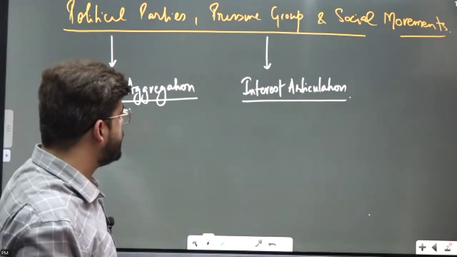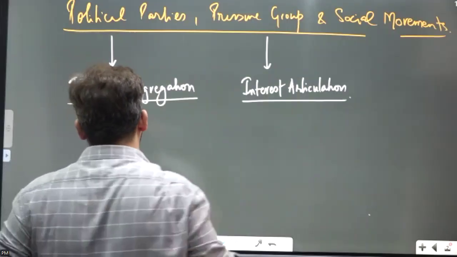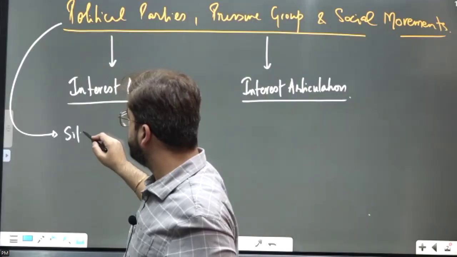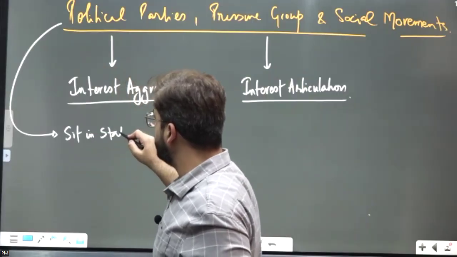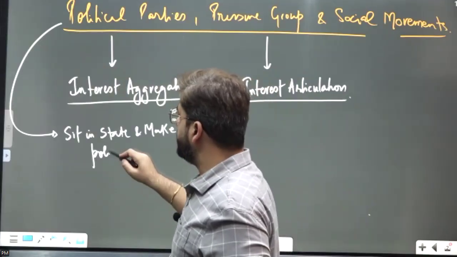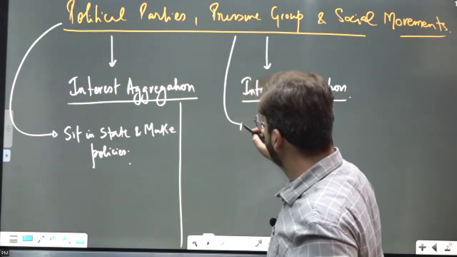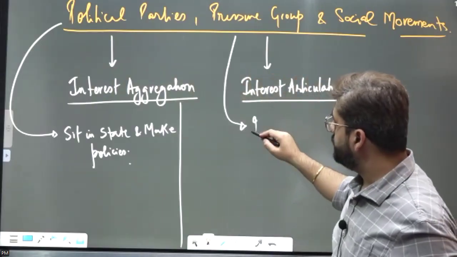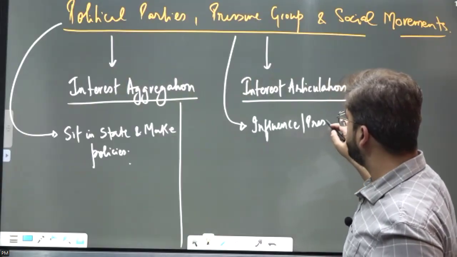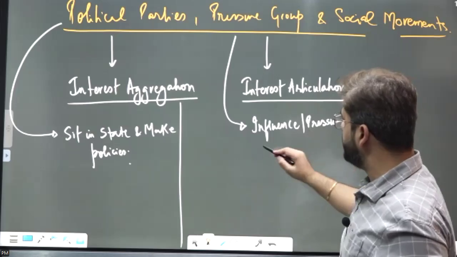Now we want to make a distinction between political parties and pressure groups. Look, a political party will sit in state and make policies, whereas a pressure group will only influence or pressurize policy making.